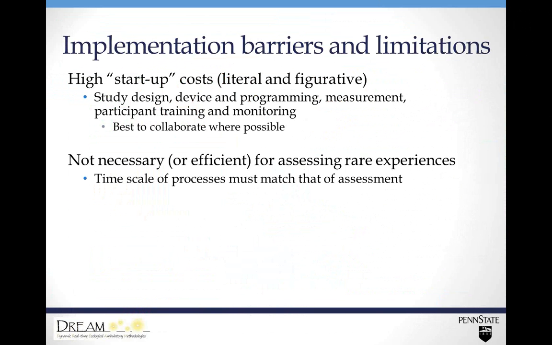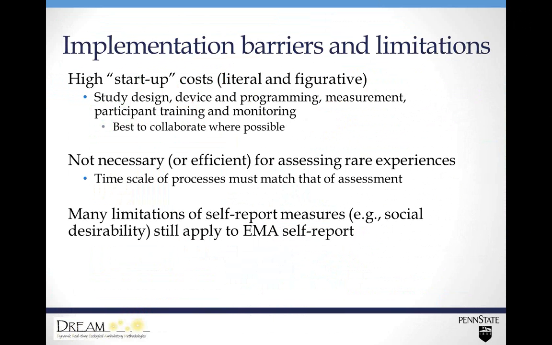It's also not necessarily efficient for assessing rare experiences. As Josh mentioned before, you really need to think about the time scale of your processes so that it matches the assessment. And finally, there are many limitations of self-report measures that still apply to EMA.